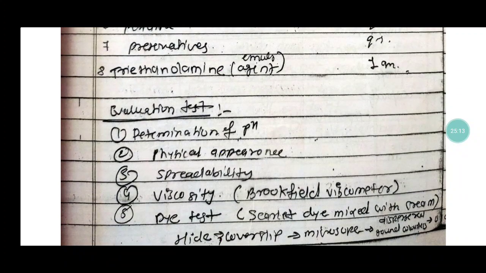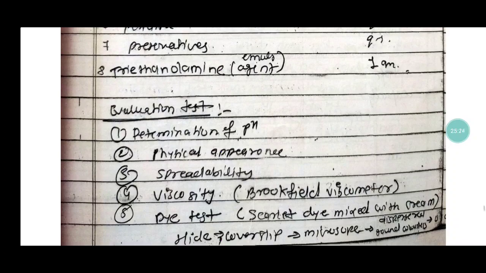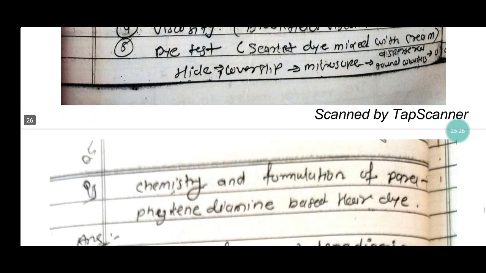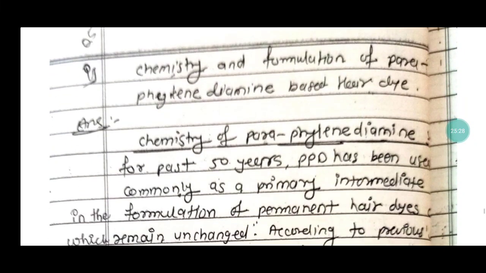The evaluation tests prescribed for the moisturizing cream are determination of pH, physical appearance, spreadability, viscosity, dye test, etc. And lastly, question number 5: chemistry and formulation of paraphenylenediamine, which is based on hair care dye.